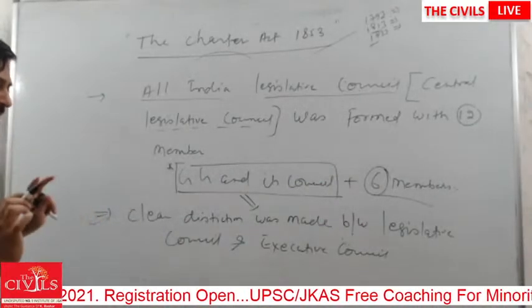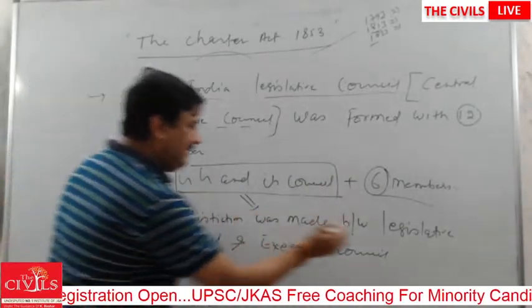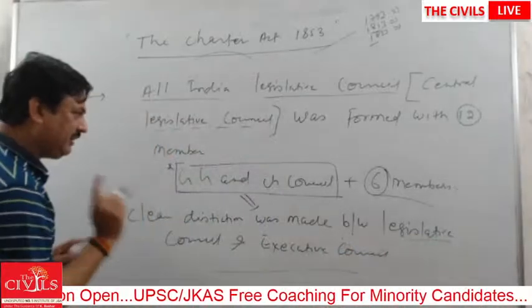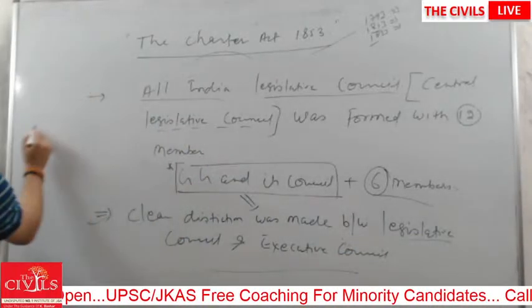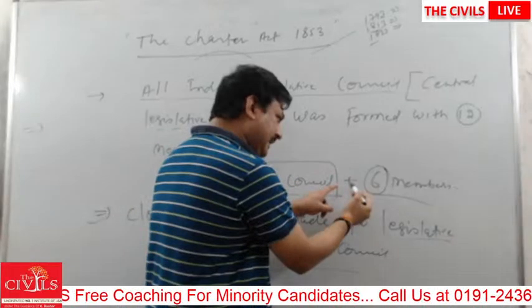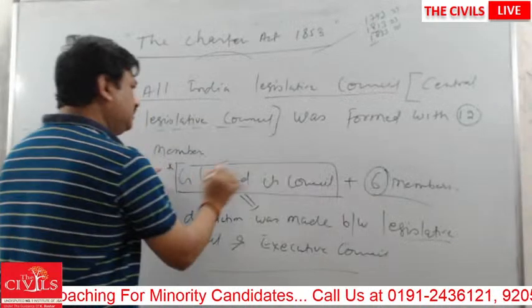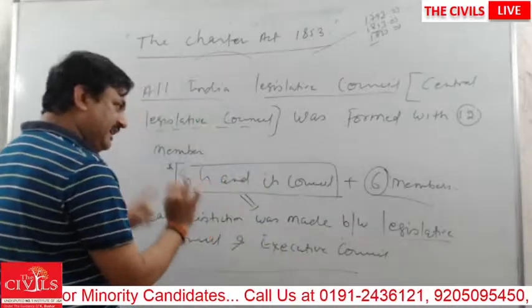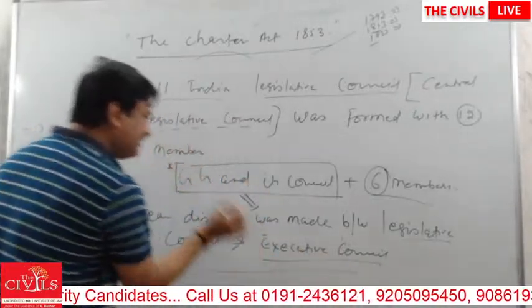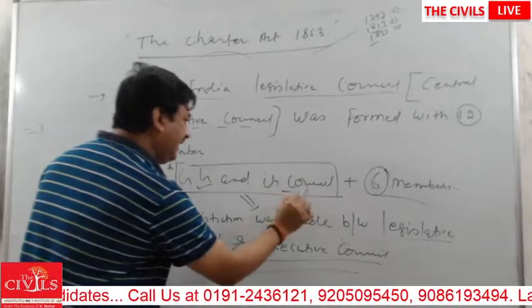The Legislative Council means the Governor General Council plus 6 members, 12 in all, and the Executive Council was only the Governor General and its Council.